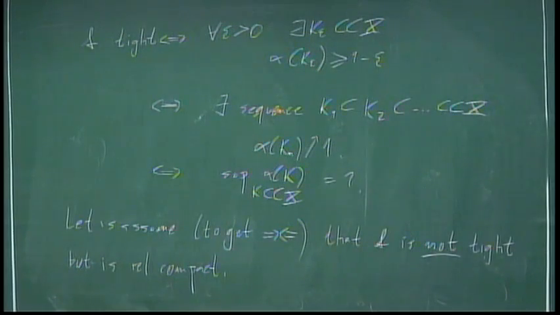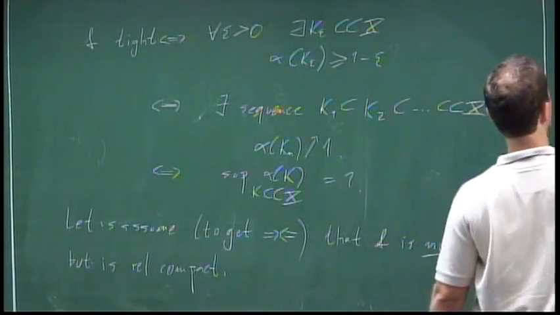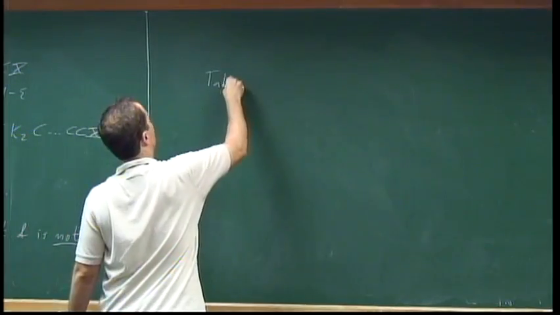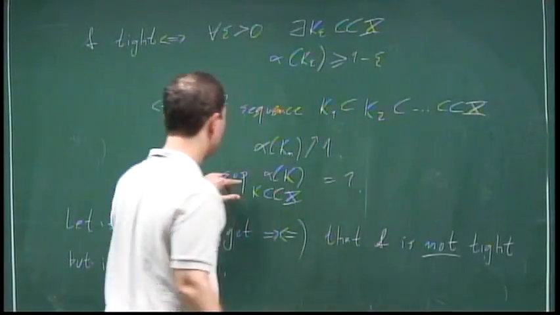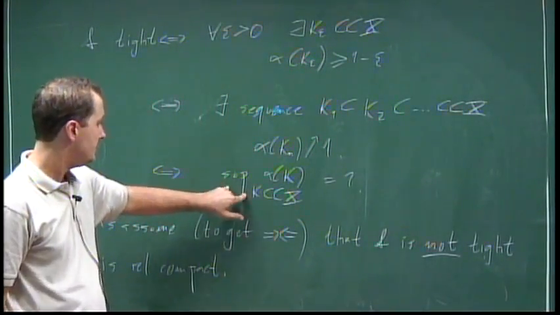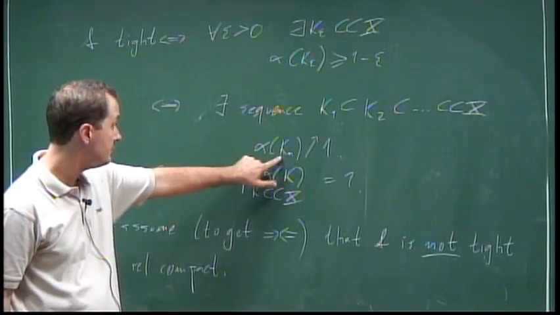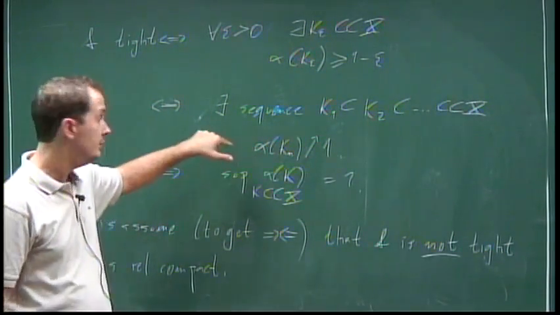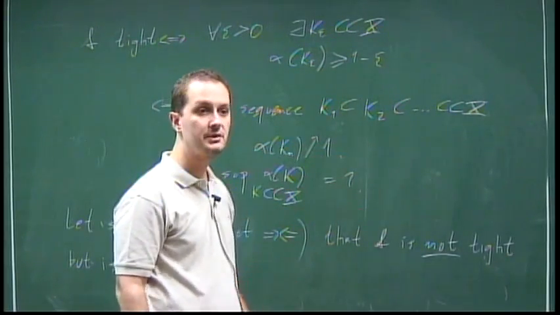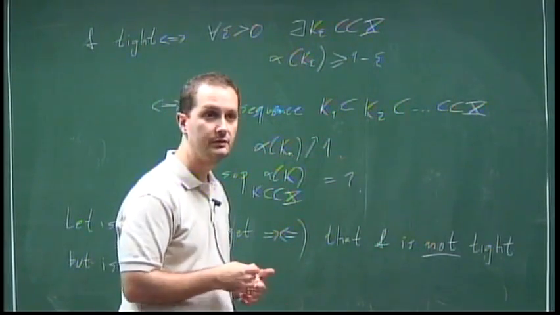Right, so let me just notice in case someone missed that: saying that the sup is 1 is saying that there exists a sequence of compact sets such that this holds. The only thing that I notice here is that you can take the sequence to be nested, right? So no big deal.